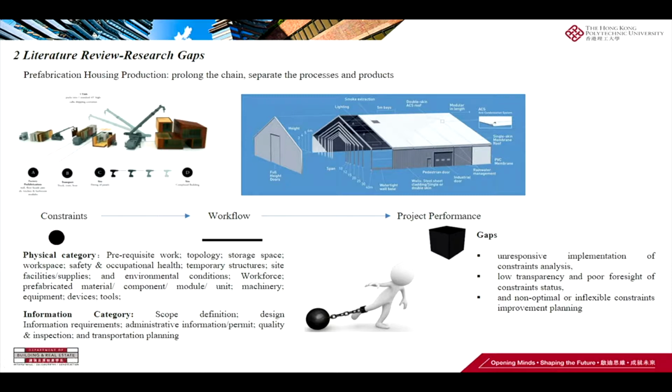And in the information category, scope definition means the scope of the project. It may change across the supply chain. And the design information requirements, administrative information, quality inspection, transportation planning.